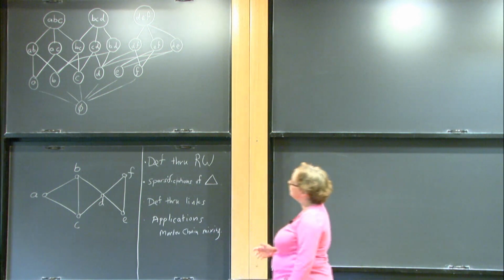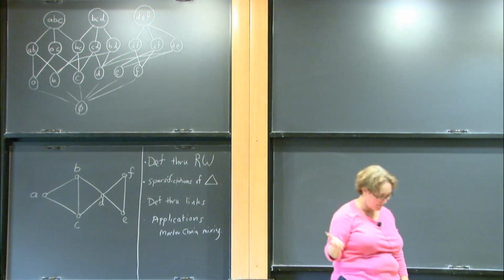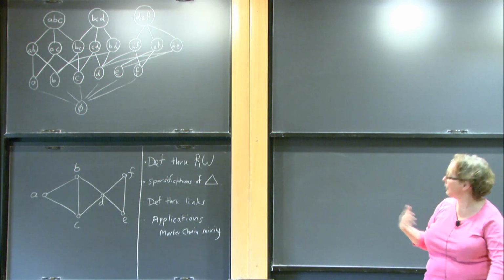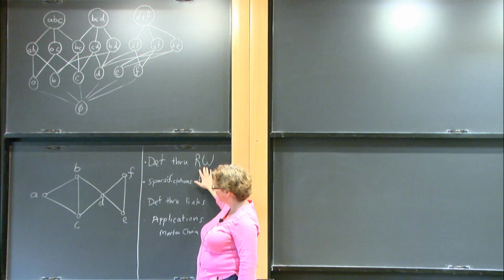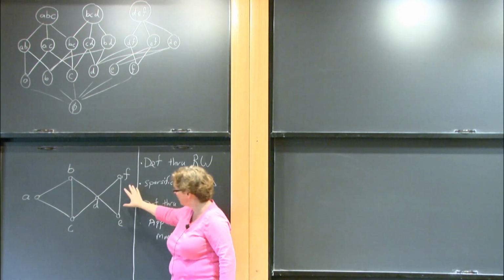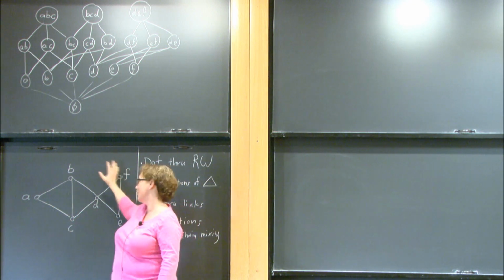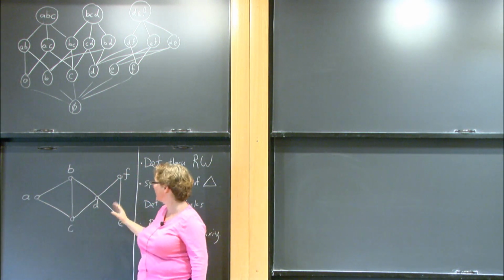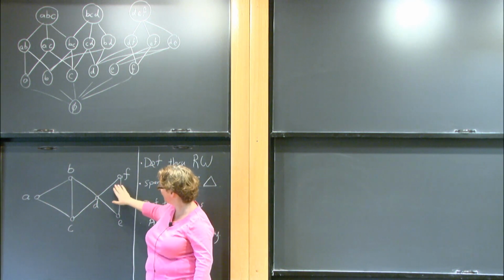Okay, so I want to start by describing what is a high-dimensional expander through the definition of random walks. In this picture, I have an example of a high-dimensional graph. It's just a graph, as you see, but in this graph we also have triangles.